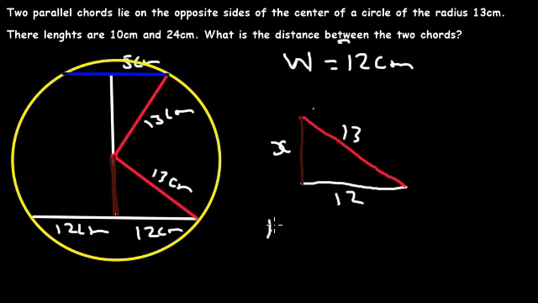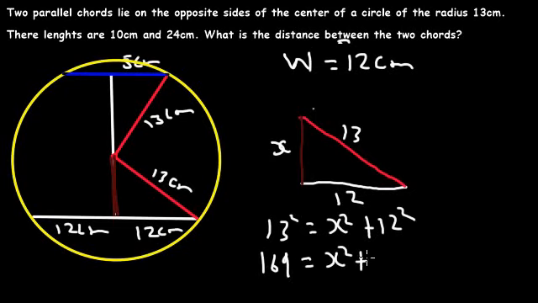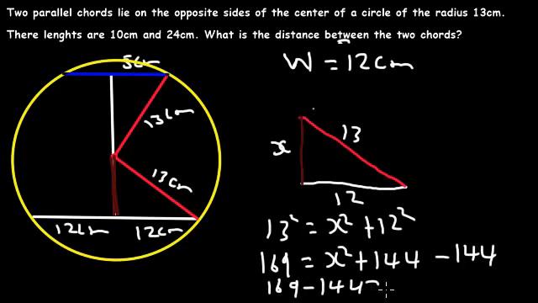Let's see. So we have 13 squared equals x squared plus 12 squared. And we have 169 equals x squared plus 144. So if we subtract 144 from both sides, then we have 169 minus 144 equals x squared. 169 minus 144 is 25.